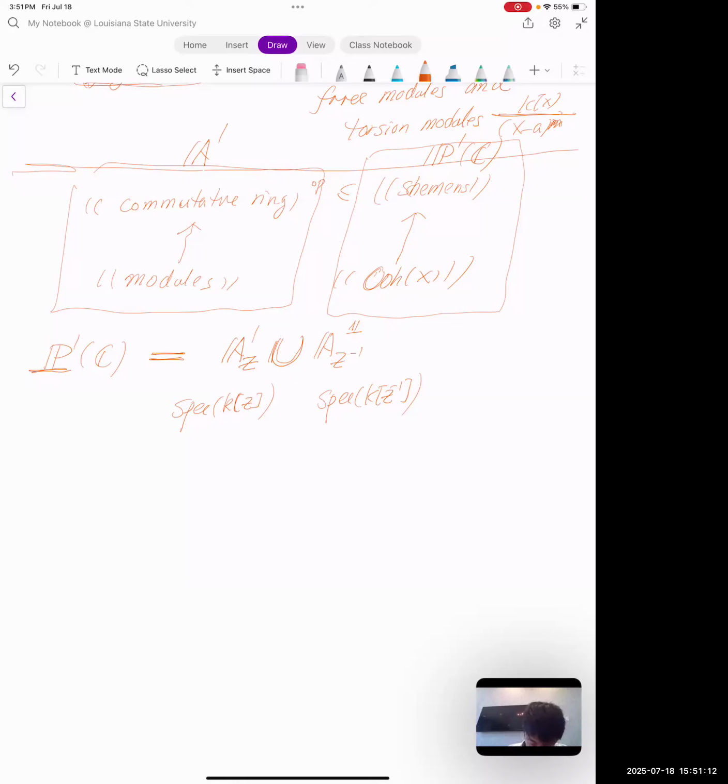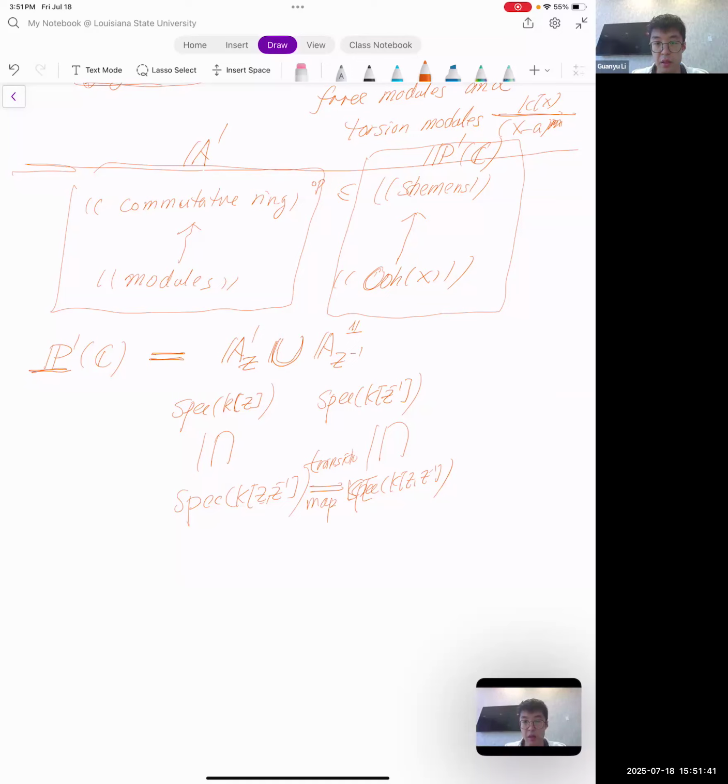So they glue together on some open set. The open set is exactly the Spec where you localize, the Laurent series in the inverse, and the transition is the identity. If you use Z here, you have to map Z into the inverse. That's bad, so I'm using the inverse.